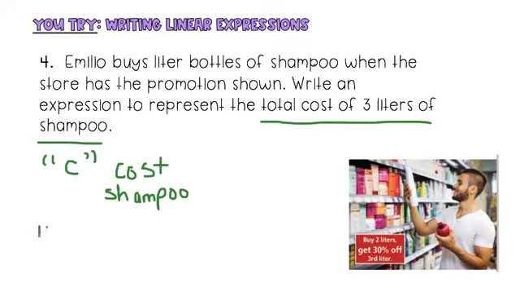So we take 100%, that's the original cost, and we subtract it by the discount, which is 30%, and it equals 70%. So the third bottle of shampoo, we only have to pay 70% of the cost. So times the cost.